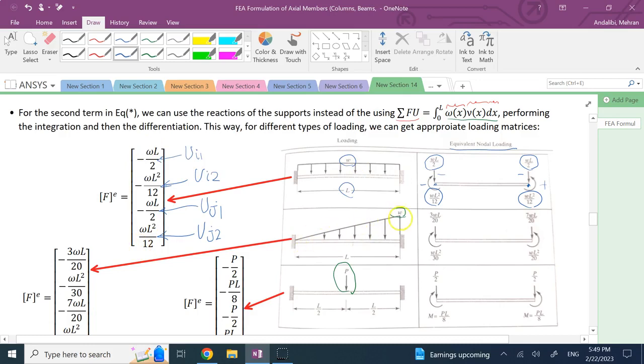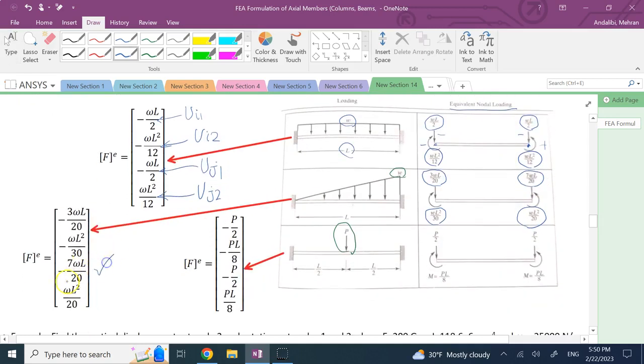Now, if it becomes linearly increasing loading, then again, from solid mechanics or statics, you can find what? Or both of them actually. You can find the equivalent, again, vertical forces and bending moments. And again, you can form the equivalent nodal loading.